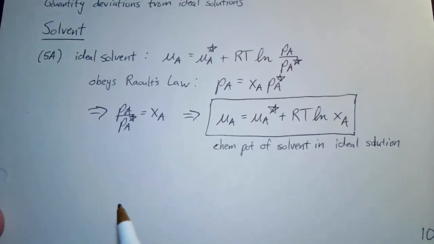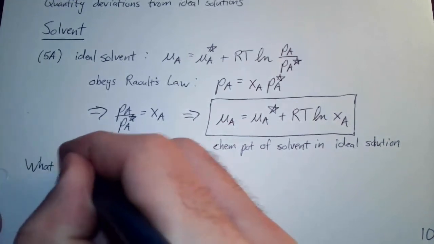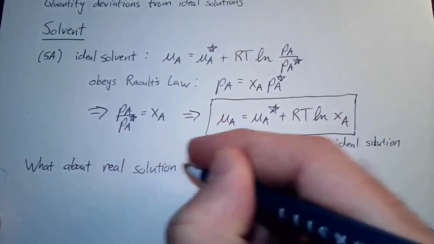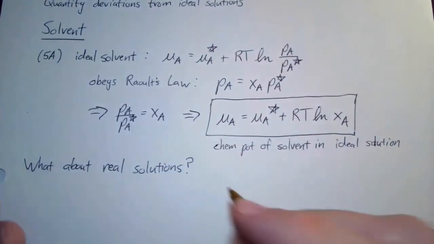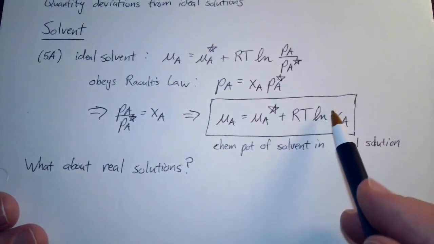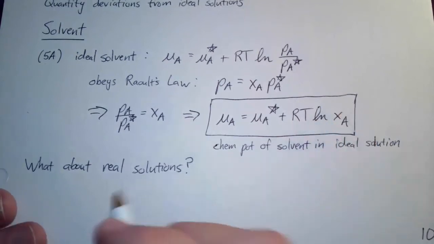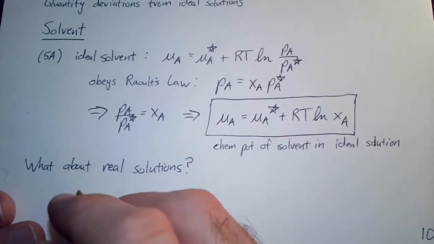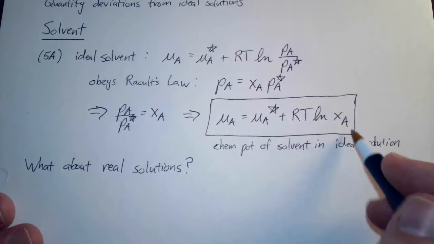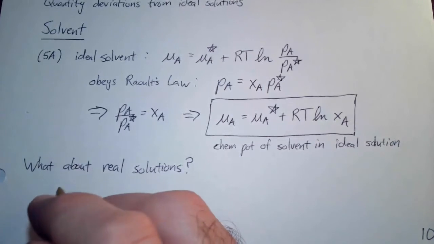Now we want to talk about a non-ideal solution. So let's talk about a real solution. In the case of a real solution, what we do is we replace XA with what you can think of as an effective mole fraction. So XA is the mole fraction. We're going to replace it with an effective mole fraction, implying that the solution's behaving as if this were the mole fraction, even though it's not the exact one.